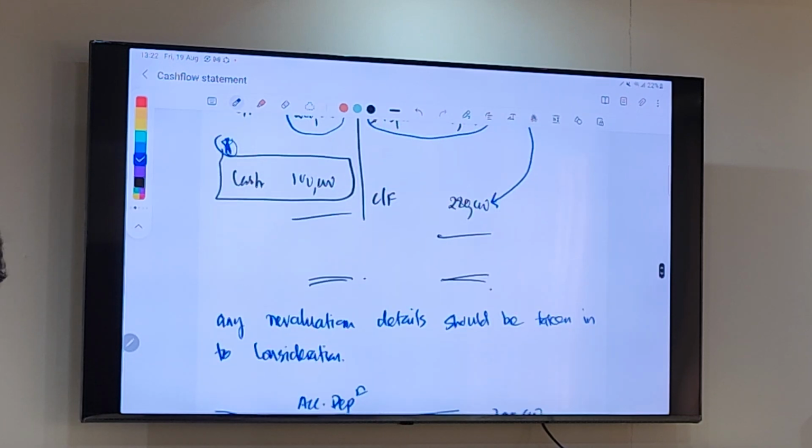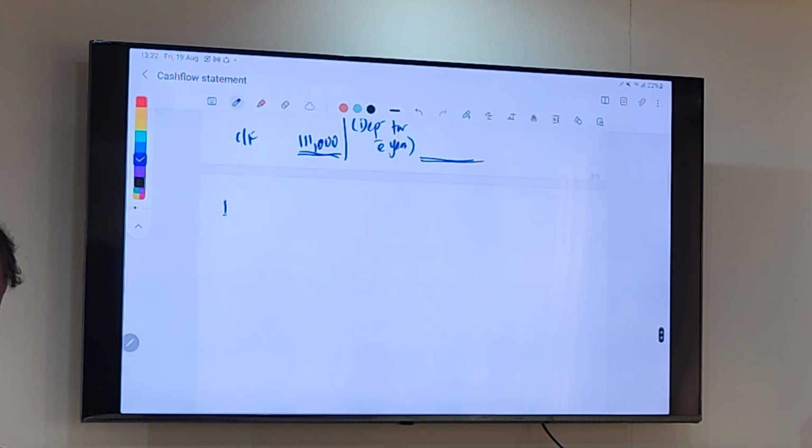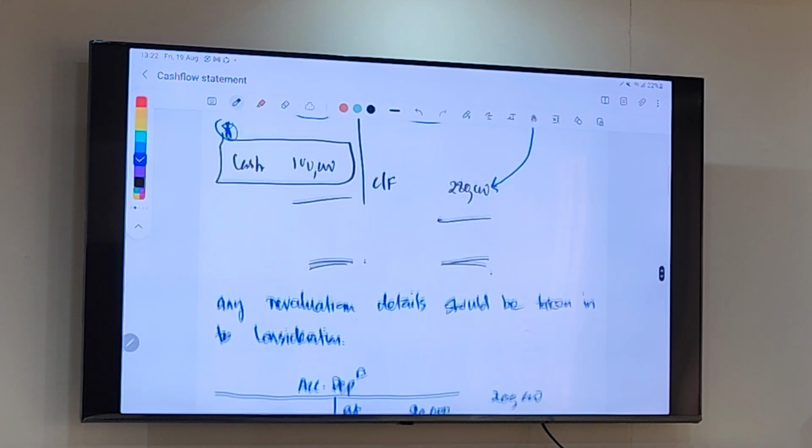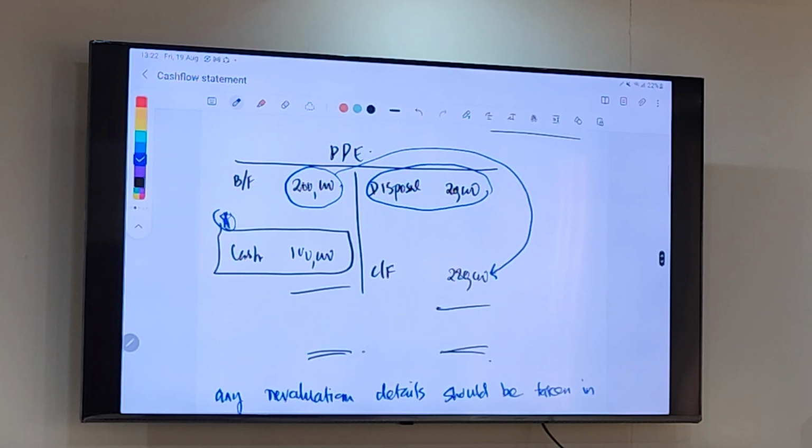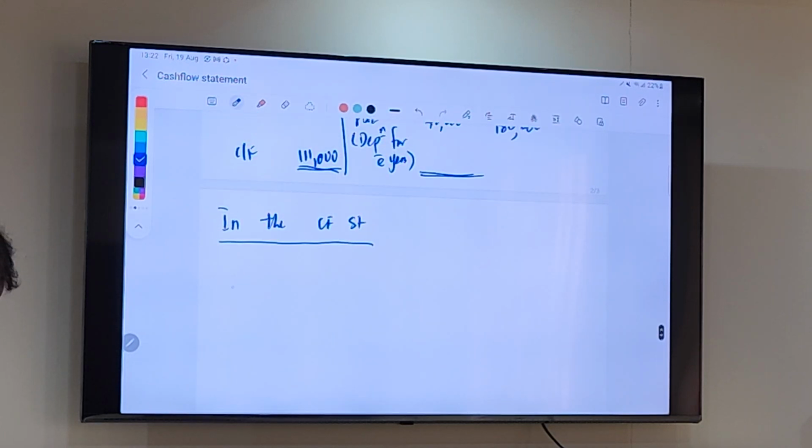Now the question they are asking: in the cash flow statement, what are the items relevant from this? From this account, the cash flow statement relevant item is this. Cash is going out, so that is under investing activity.